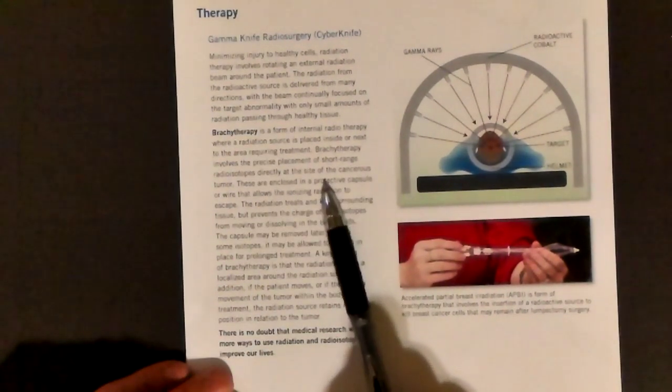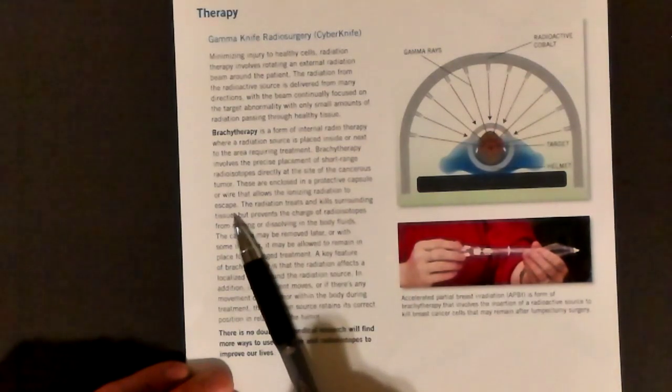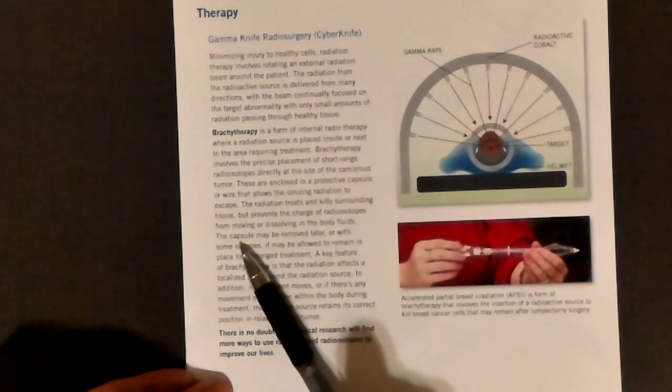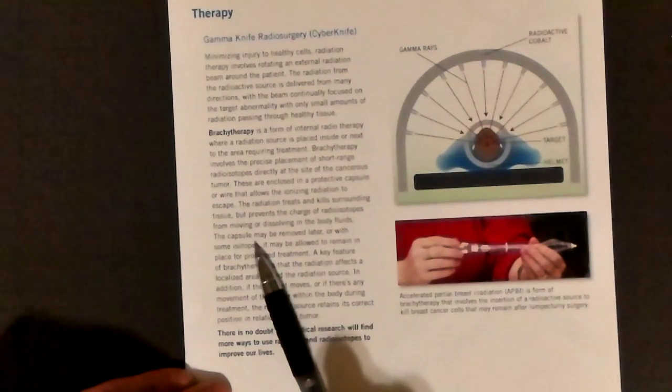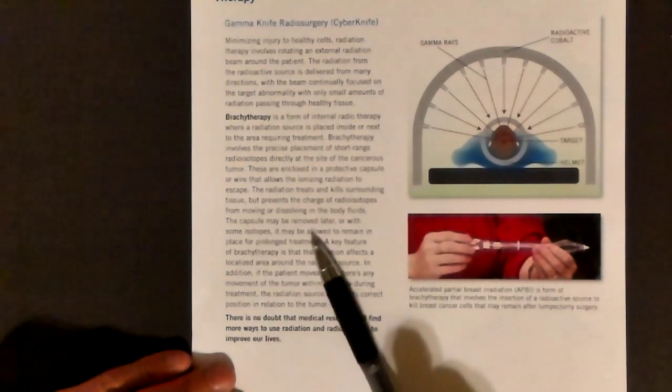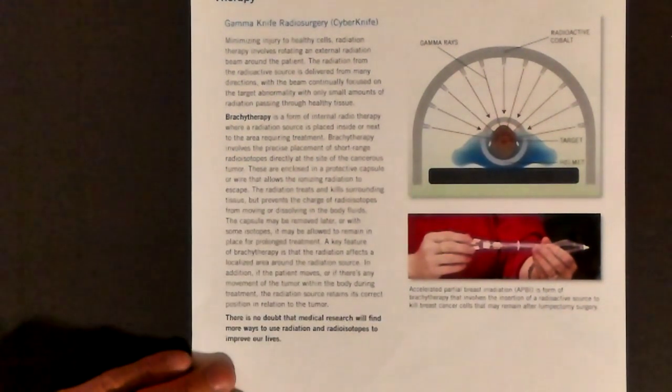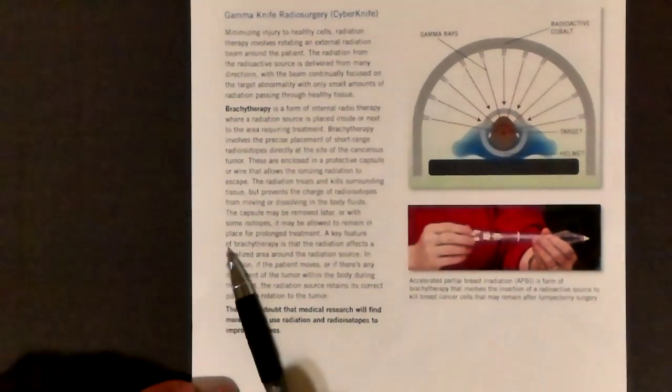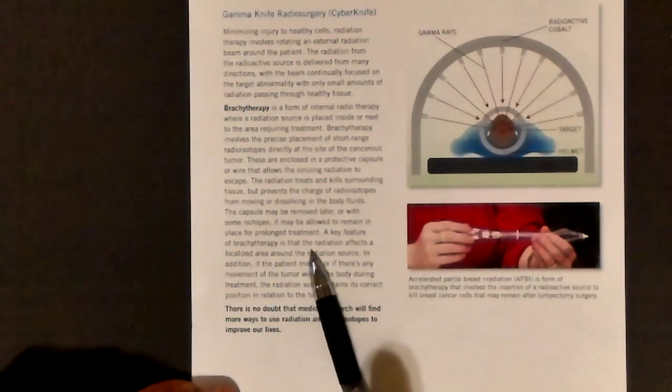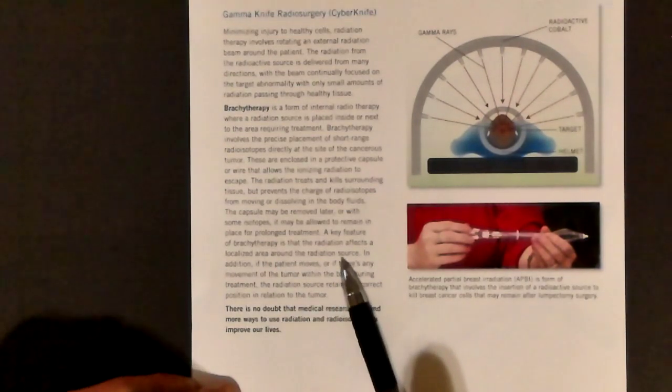Very often you use a protective capsule or wire, and then it kills the surrounding tissue, and eventually it's removed later, or in some cases it's allowed to remain in place for a prolonged treatment. A key feature of brachytherapy is that the radiation affects a localized area around the radiation source.